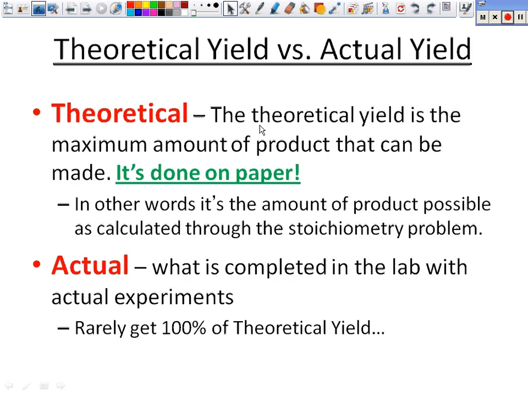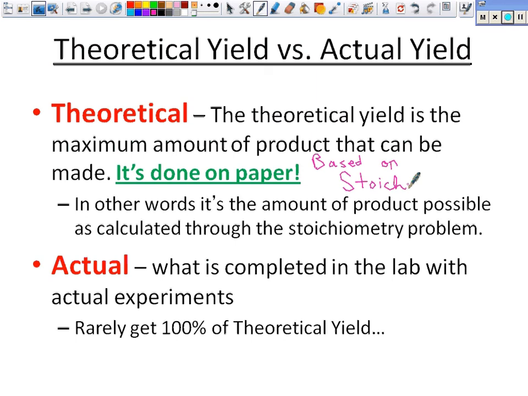Remember, theoretical is what you do on paper. Please write this word in beside this. It's based on stoich. Again, it's based on the stoichiometry. Okay, it's what mathematically and on paper you should achieve.